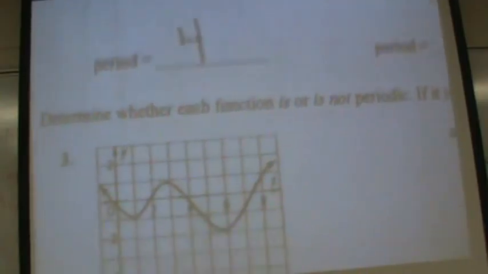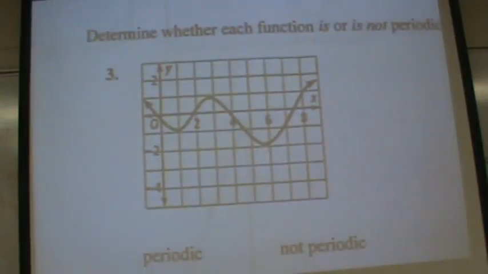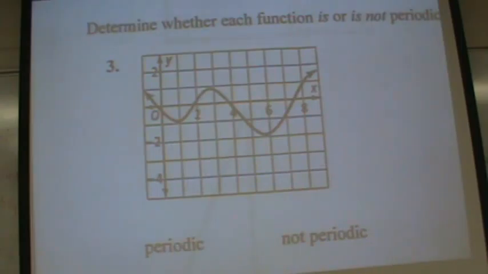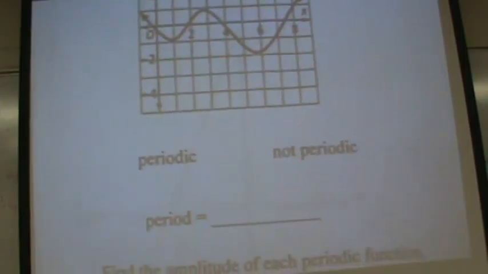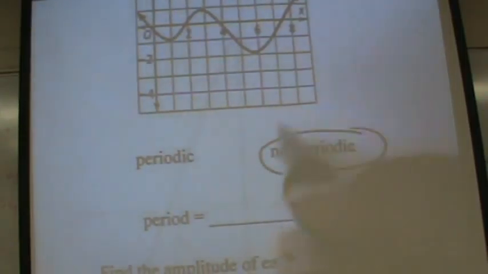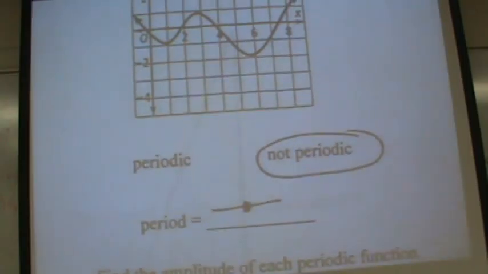The next objective was to determine whether the function was periodic or not, because some functions are not periodic. So is 3 periodic? 3 is not. Good. If it is not periodic, we can't state the cycle.